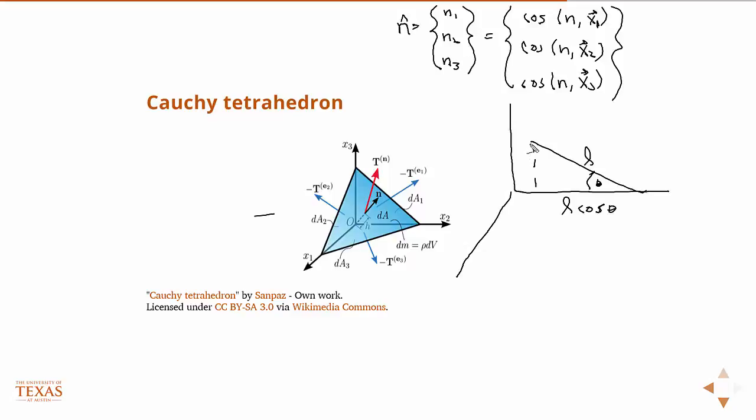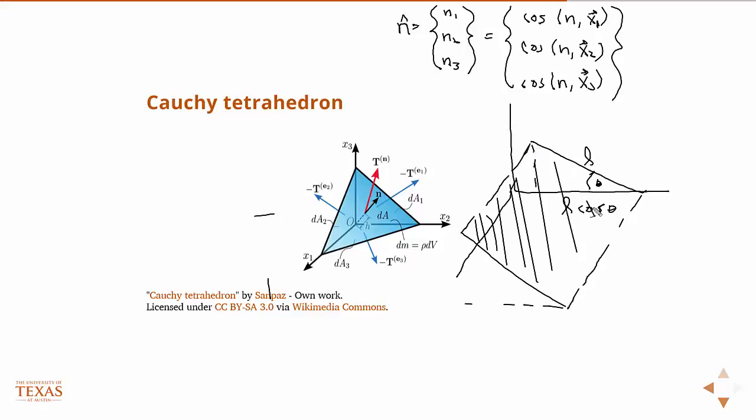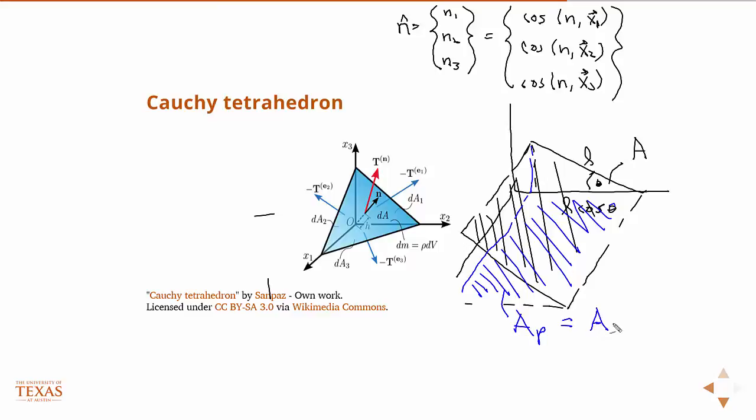So instead of a line, if I had an area here and I project it down onto this plane, and the original area is A and the area in the blue is AP, then the projected area is the original area times the cosine of theta.